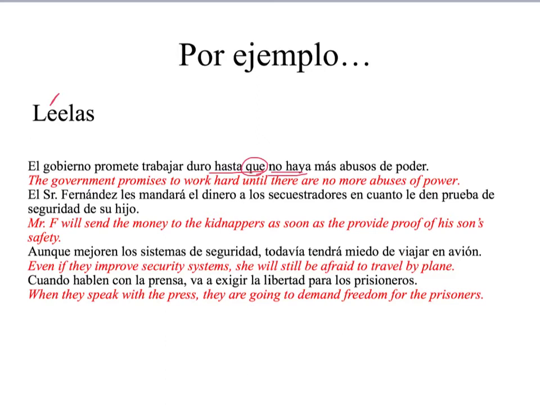El señor Fernández les mandará el dinero a los secuestradores en cuanto le den prueba de seguridad de su hijo. Again, we have our en cuanto here. So here's our subjunctive. Aunque mejoren los sistemas de seguridad, todavía tendrá miedo. So aunque is one of those things here, and here's our subjunctive that follows it.